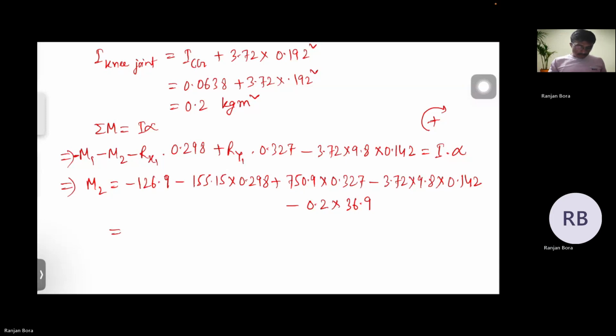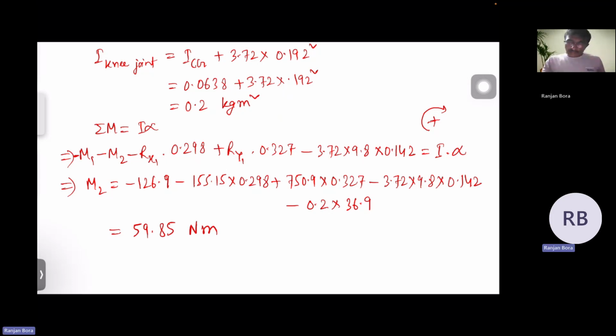M2 is coming 59.85 Newton meter. It is coming in the clockwise direction because here we have taken the clockwise direction as positive.